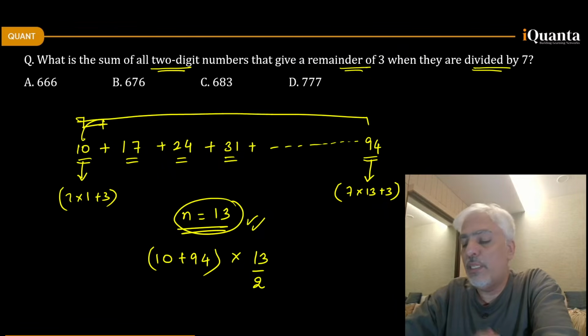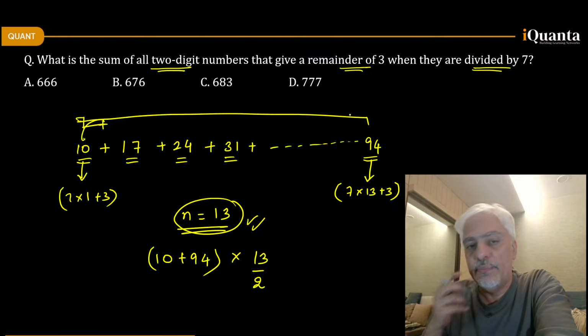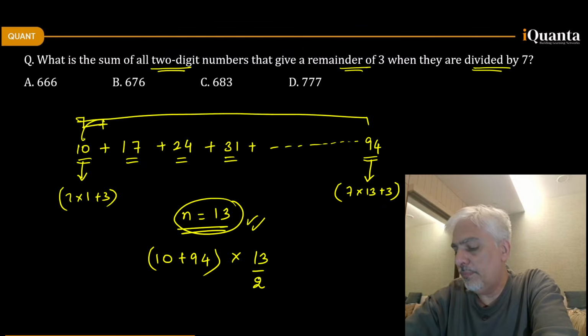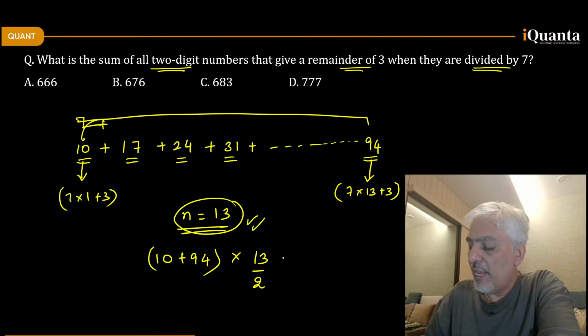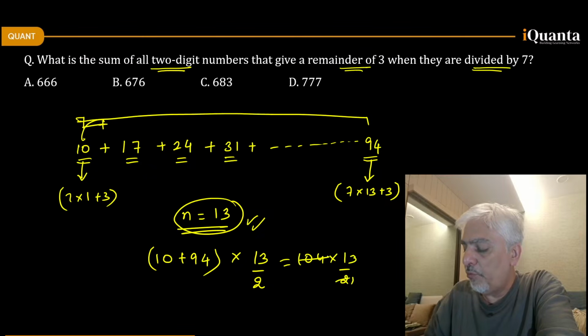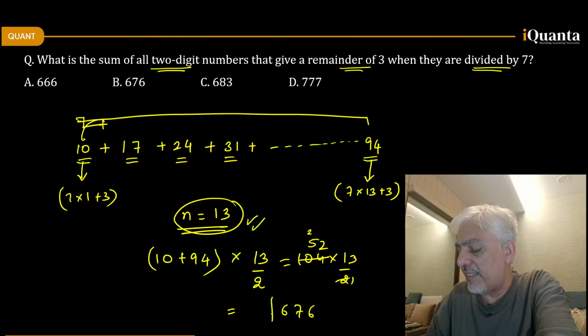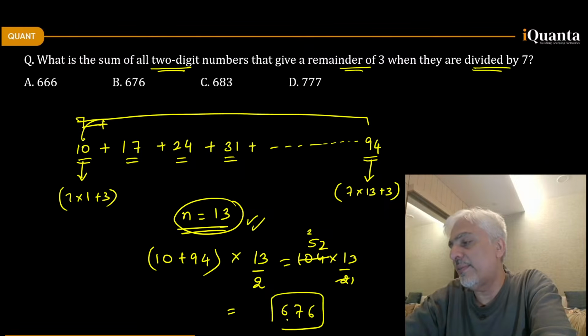Because there are 13 numbers, you can just take the first number and last number and multiply by 13 upon 2. So we have 104 into 13 upon 2, 52. Do your calculations carefully. 13 twos are 26, 2 carry. 13 fives are 65 plus 2, 67. 676.